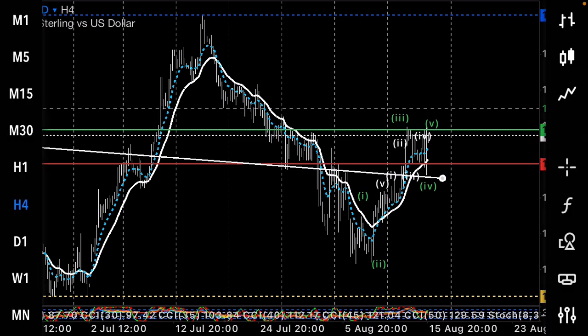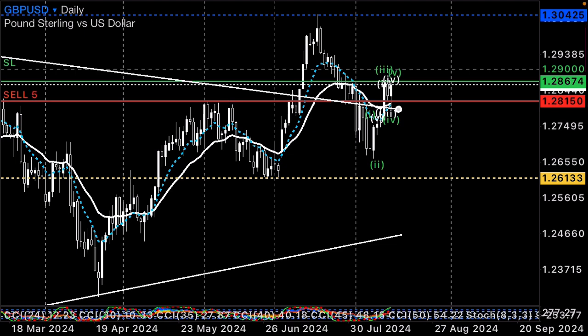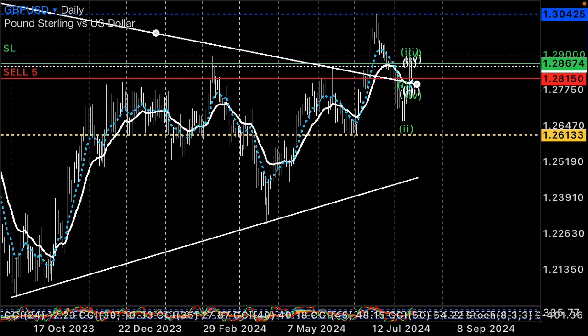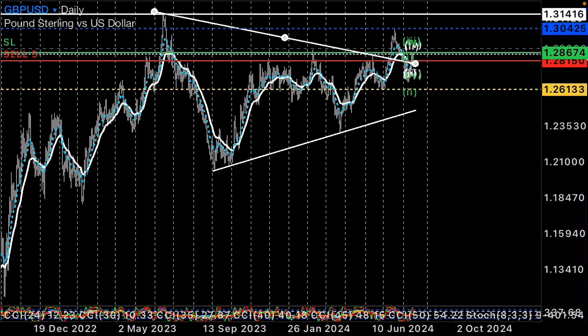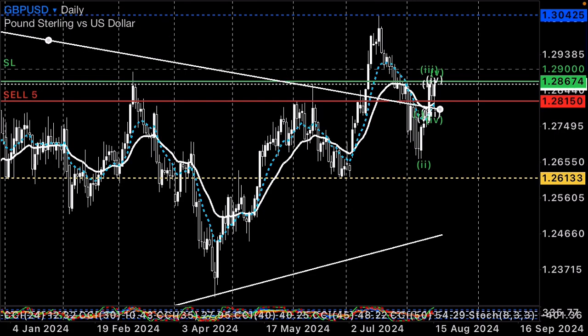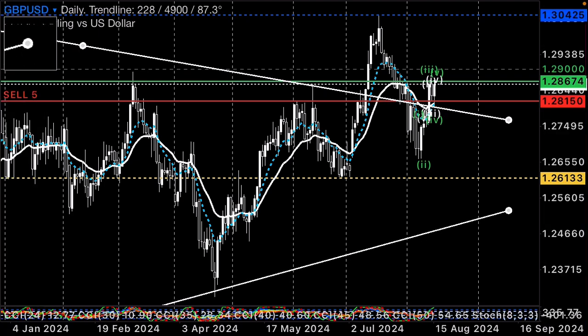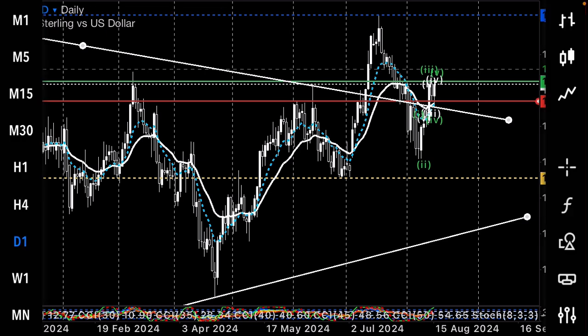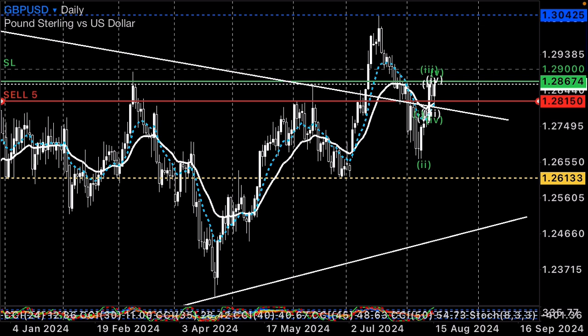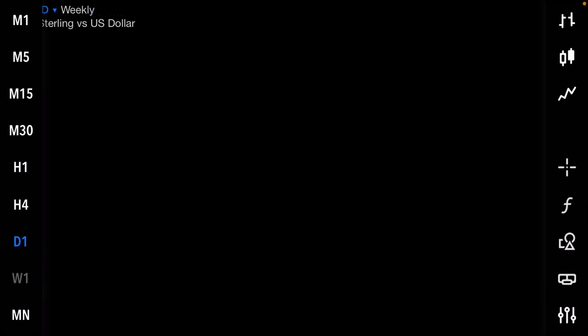And then on the daily chart, there's the high there. Bring this one out here. So it dipped down inside the triangle. On the daily chart, it just looks like not really much pattern at all.